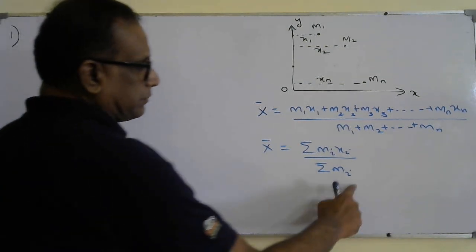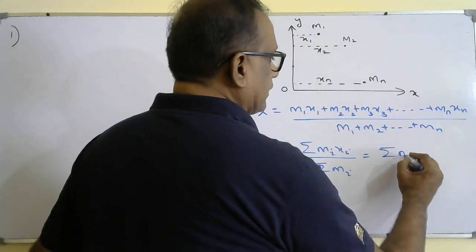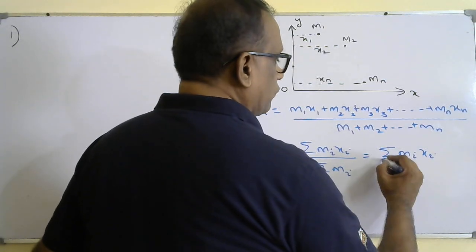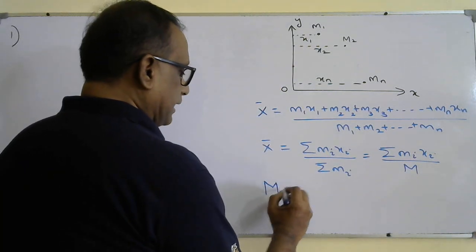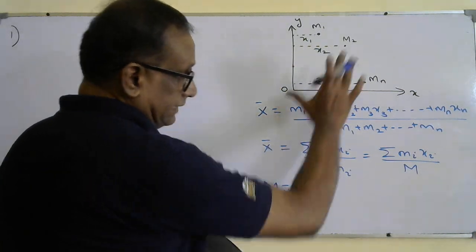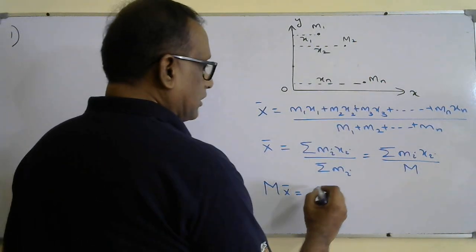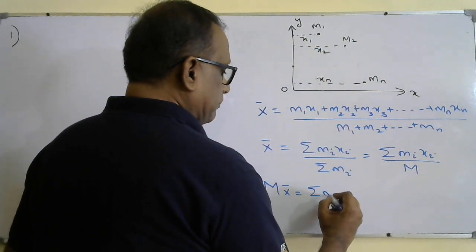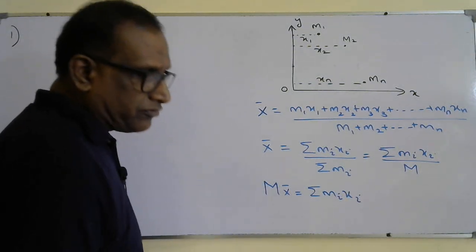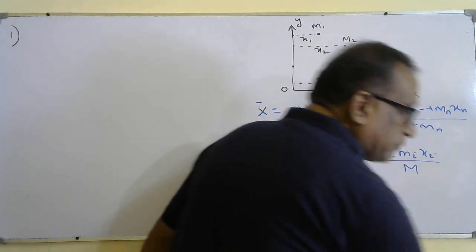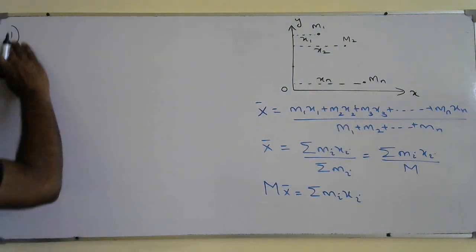This sigma mi could be written as capital M, the total mass. So sigma mi xi over capital M, that is M x bar for the initial system of particles, when x3 is also there, is equal to sigma mi xi. The new center of mass after removing the particle m3 from the system will be given as x1 bar.